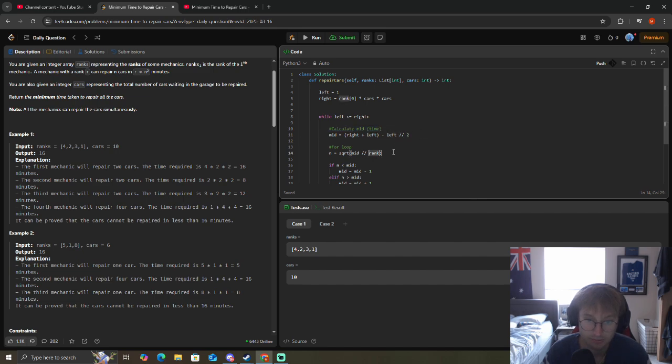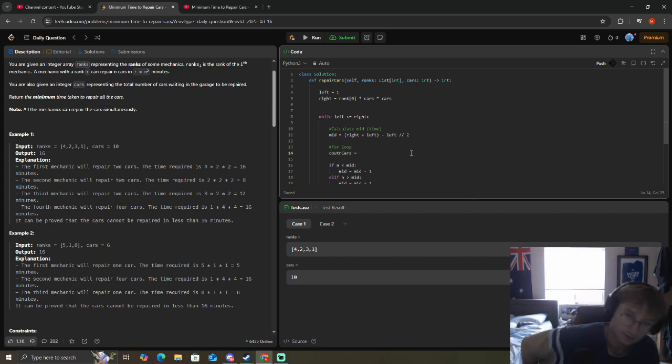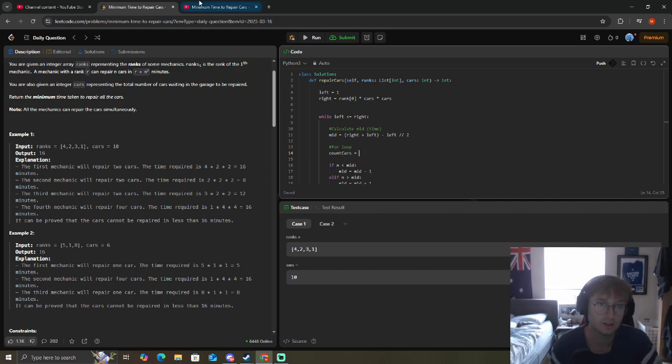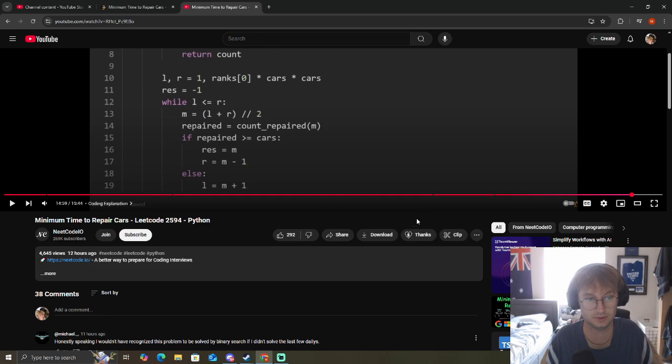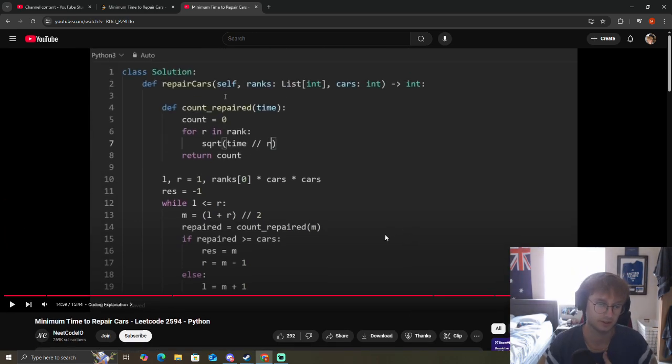Calculate our mid. We need a helper function here, so count cars. I'm gonna seize, bro.